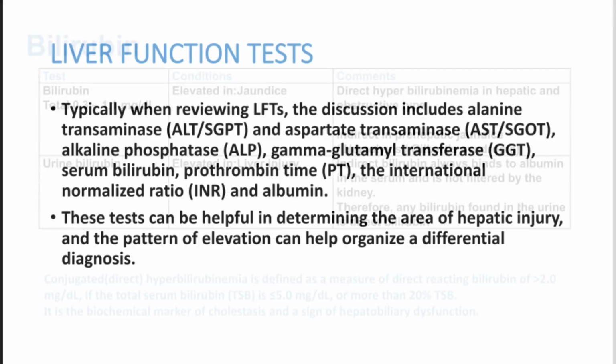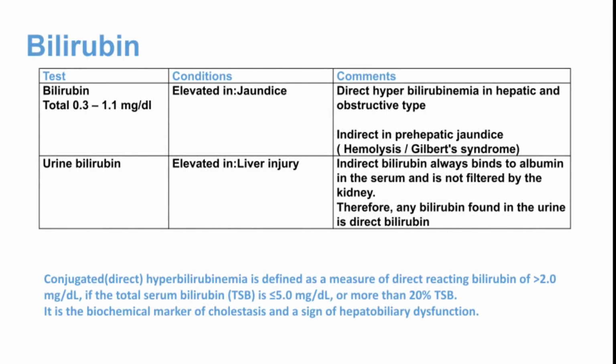First we will see bilirubin. We know that whenever a patient has jaundice, bilirubin is elevated in the body. Bilirubin is produced from the RBC breakdown. The total bilirubin is 0.3 to 1.1 milligram per deciliter.